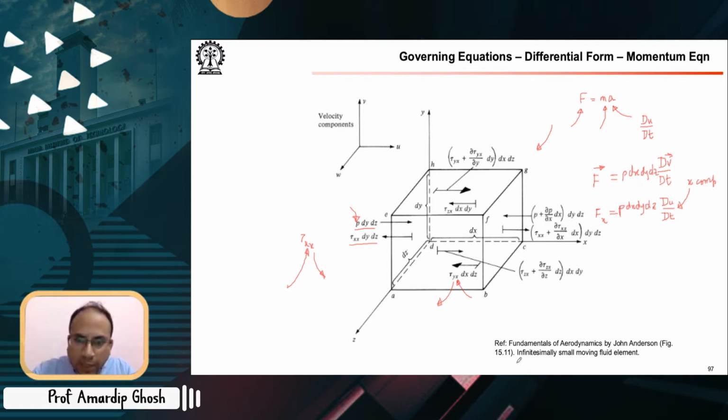And we will see that these stress elements, tau xy, tau yz, tau xx, and all these things, have a relationship with velocity gradients.